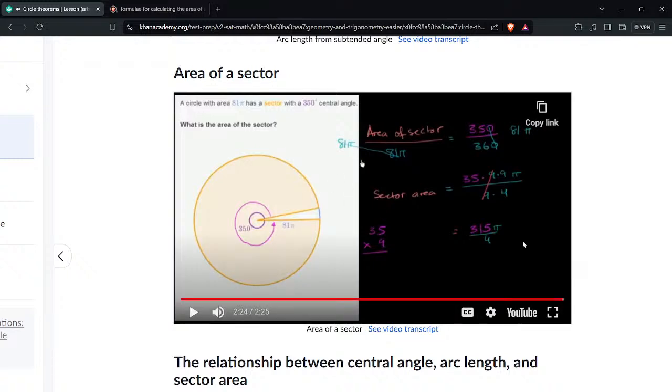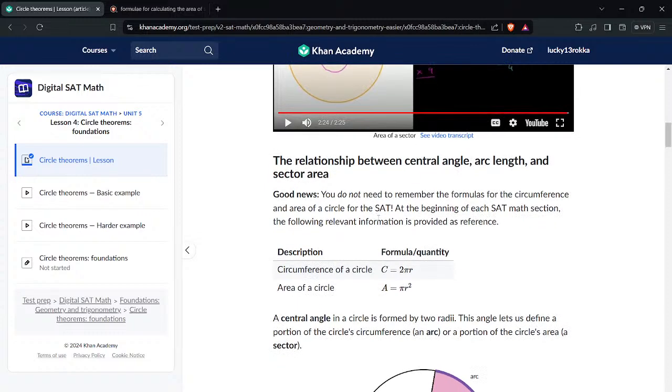That's 315 pi over 4. Like what? Okay, what the heck? There has to be a formula.